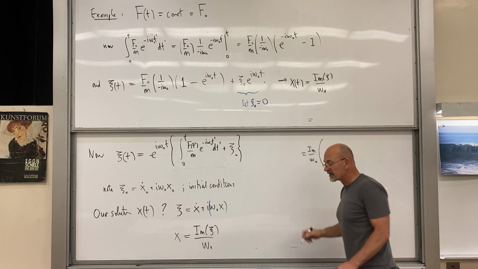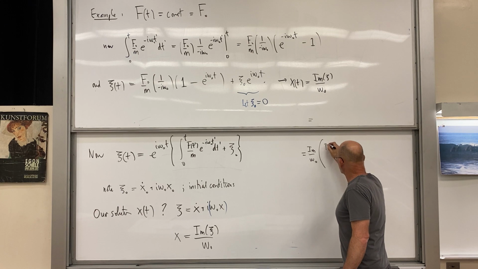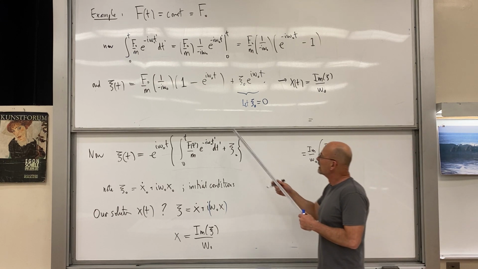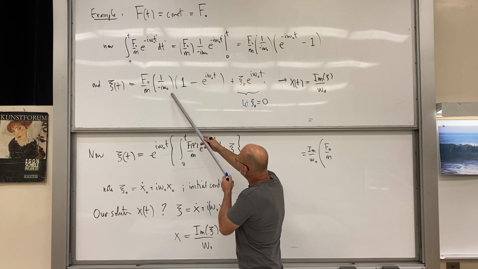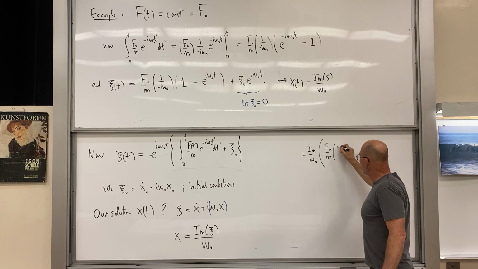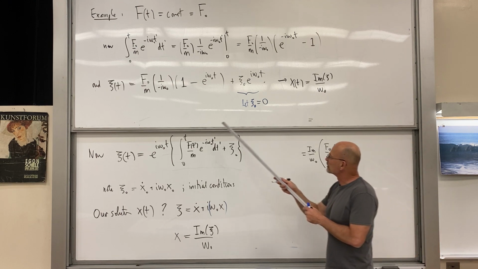I'm going to have to write out the entire thing because we don't quite see it yet. So we have F naught over M, we have 1 over negative I omega naught. I can multiply both of those by I, so I would have I over omega naught. Okay, that's an important trick.